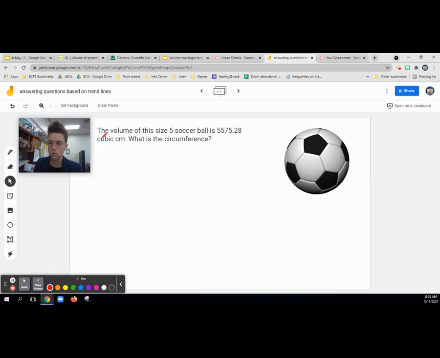So we know that volume of a sphere is equal to 4/3 pi times the radius cubed. Let's sub in what we know. We know that this is the volume, and that is equal to 4/3 pi r cubed.